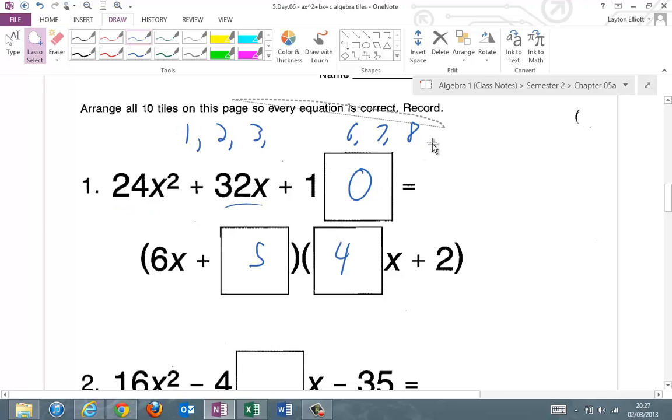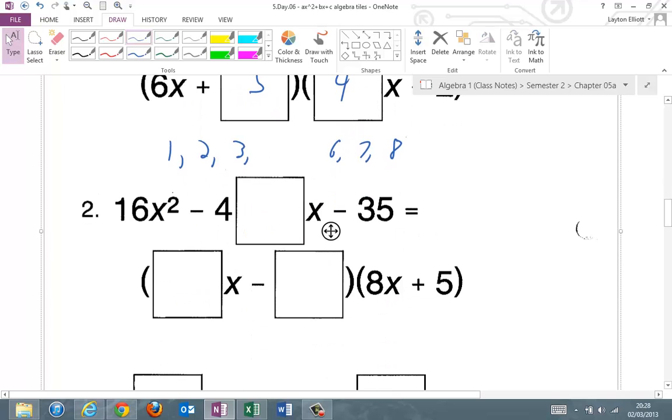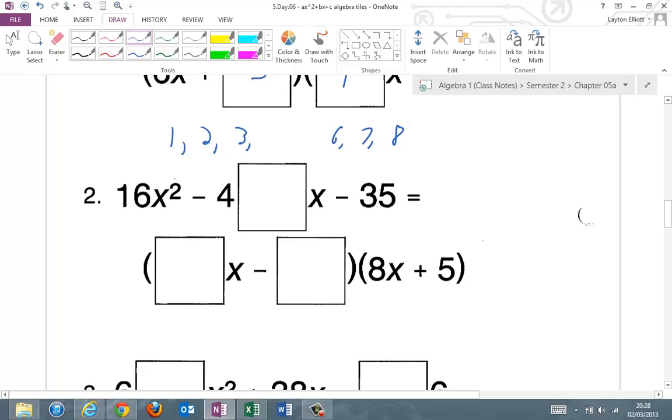Okay, next set. I have 16. Let's see what we can target. 8x times what is 16? That'd have to be a 2x. 8 times 2 is 16. What times 5 is 35? That has to be 7. So that knocks off the 7 and the 2 pretty quickly.